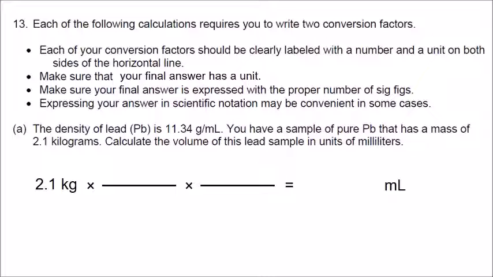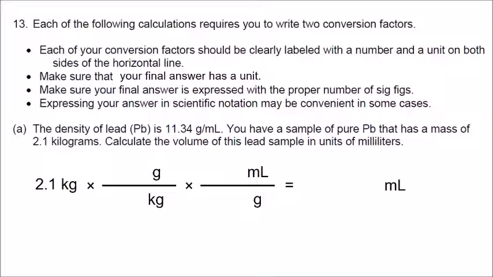So our job is to get from kilograms to milliliters in 2 steps. First, we're going to put kilograms on the bottom, and then we have to get to some other unit. So what should that other unit be? Considering that the density of lead has grams and milliliters, let's first convert from kilograms to grams, and then we'll convert from grams to milliliters.